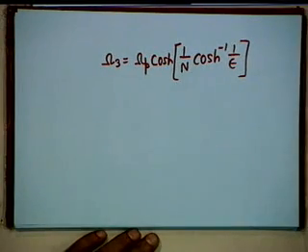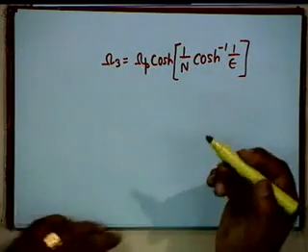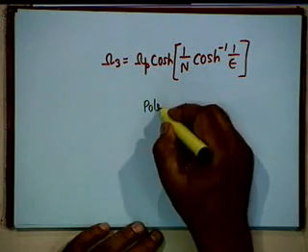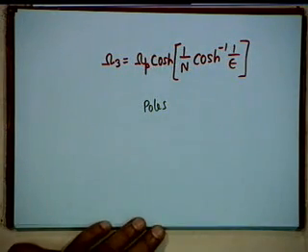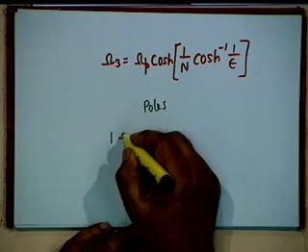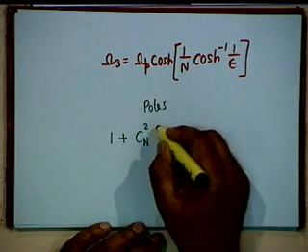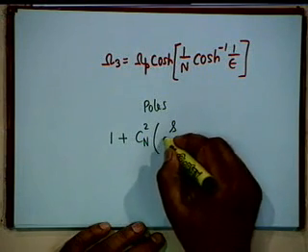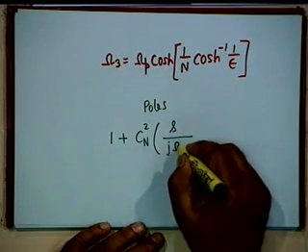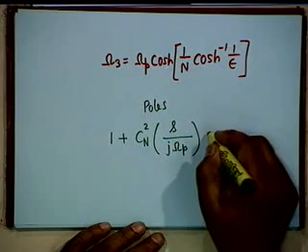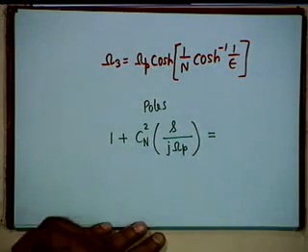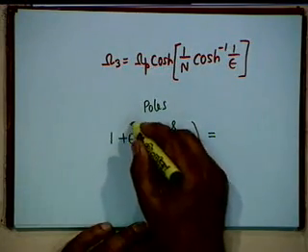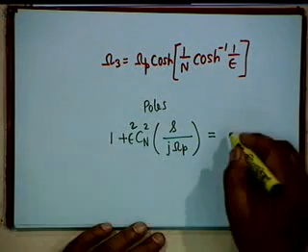All right. Next, the question of poles and pole factors. Obviously, the poles will satisfy 1 plus Cn squared of S divided by j omega p plus epsilon squared, I must not forget, is equal to 0.